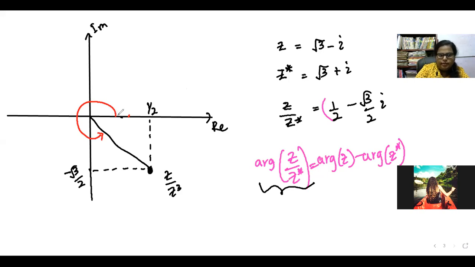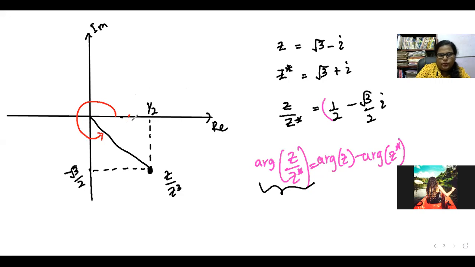Again measured from the positive real axis, anticlockwise. The angle we take is what we call theta, or the angle, right?